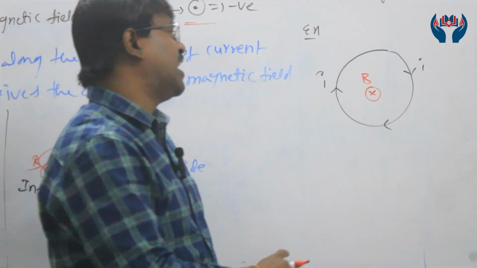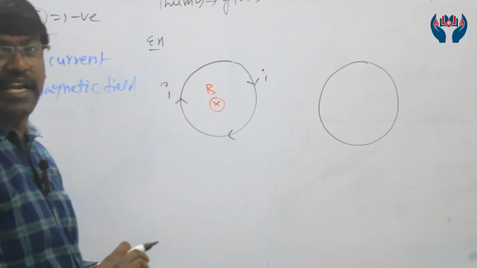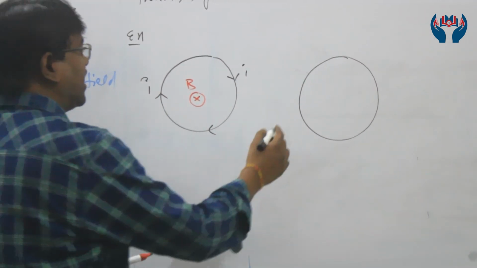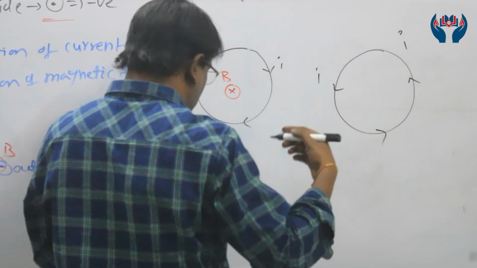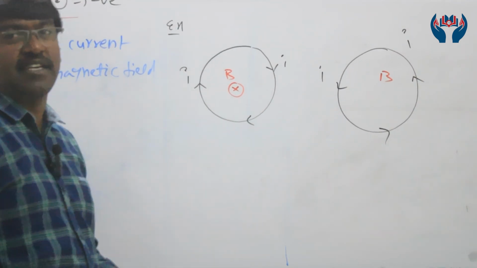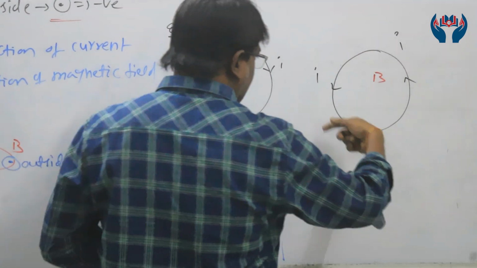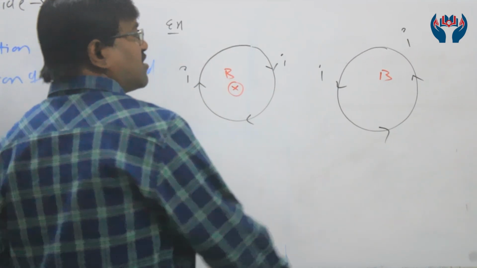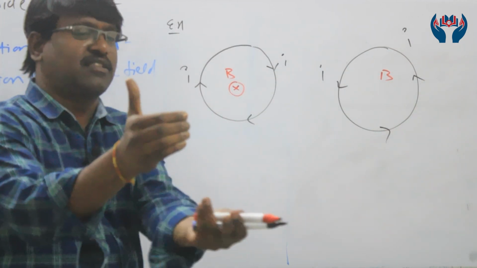Suppose the current is anti-clockwise like this. This is a circular current-carrying conductor carrying a current I in the anti-clockwise direction. Due to this, again a magnetic field is induced. What is its direction? In the right hand thumb rule, curved fingers follow the circular path.